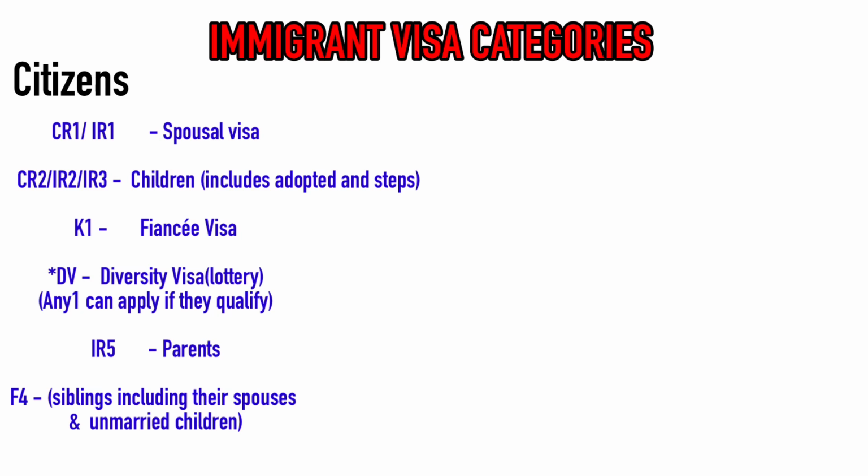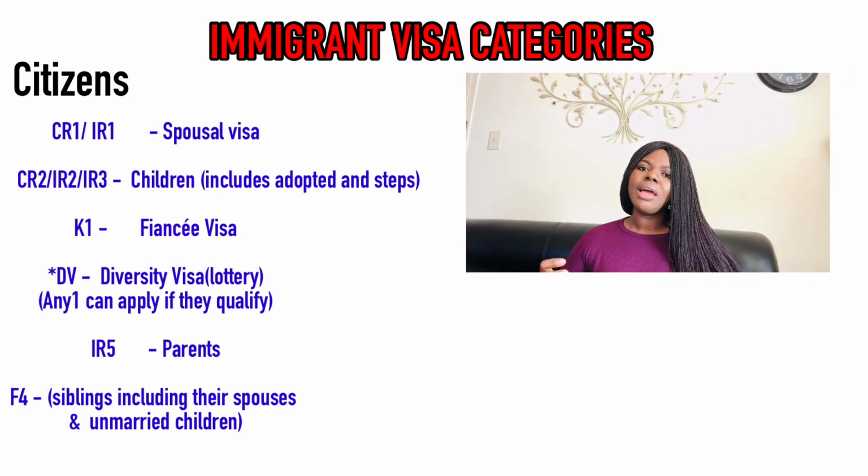I hope I'm not confusing anybody. CR1 is spouse of a US citizen whose marriage is less than 2 years. IR1 is spouse of a US citizen but more than 2 years. They are determined at the port of entry.